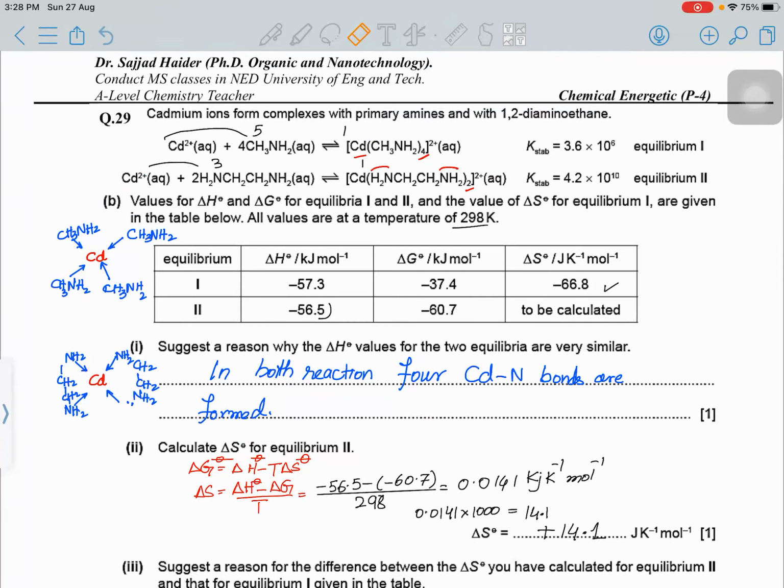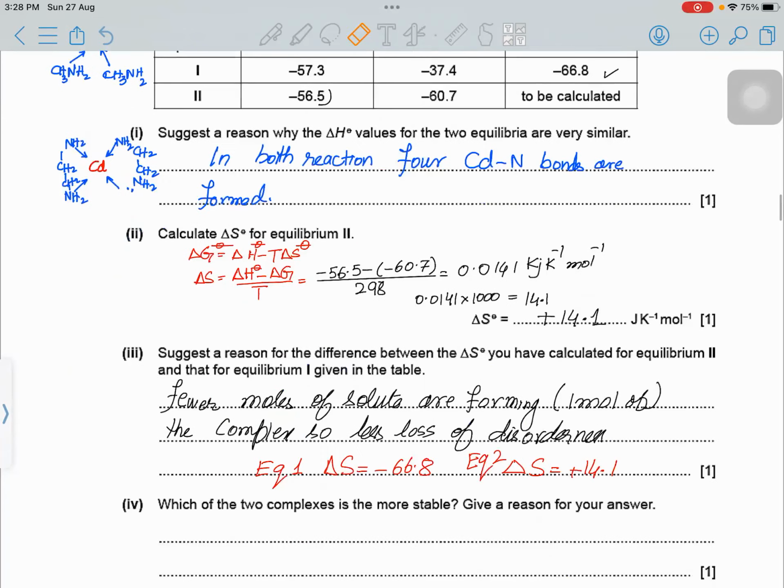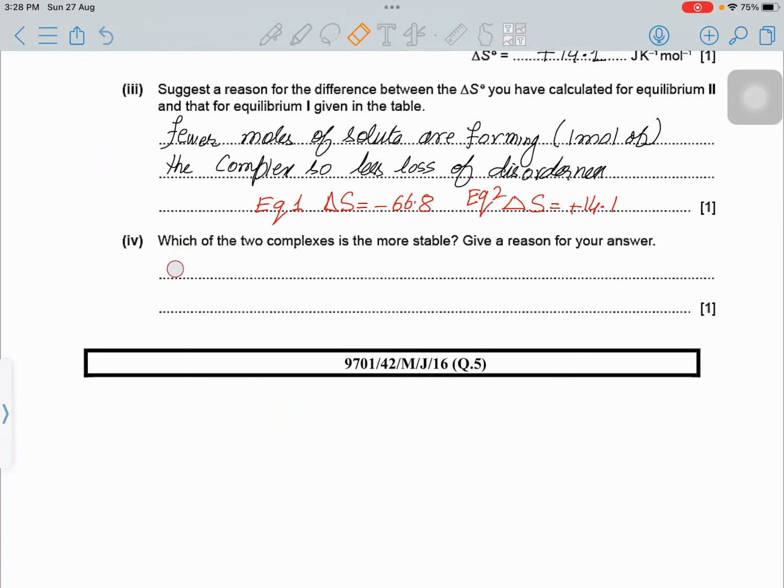Equilibrium 2 has, yes, exactly, 60.7. So cadmium NH2, CH2, CH2, NH2 is more stable.